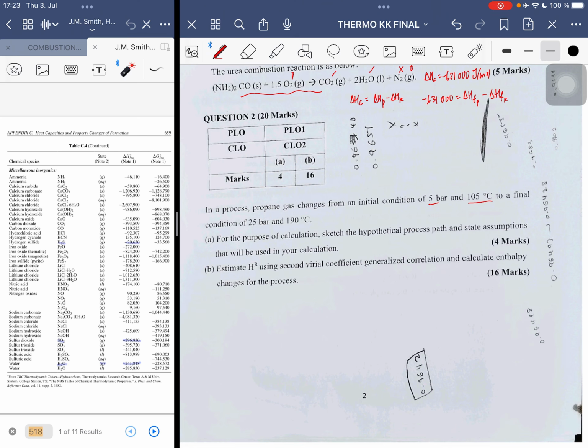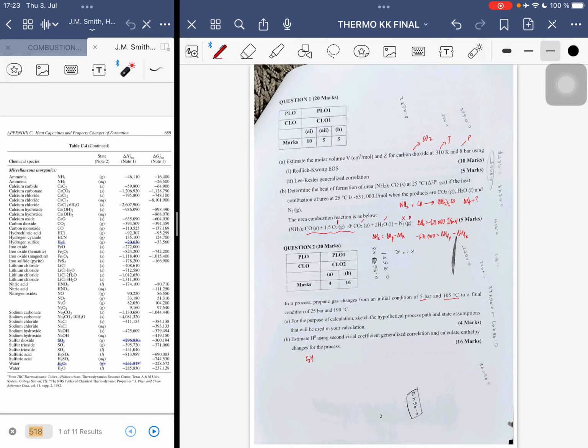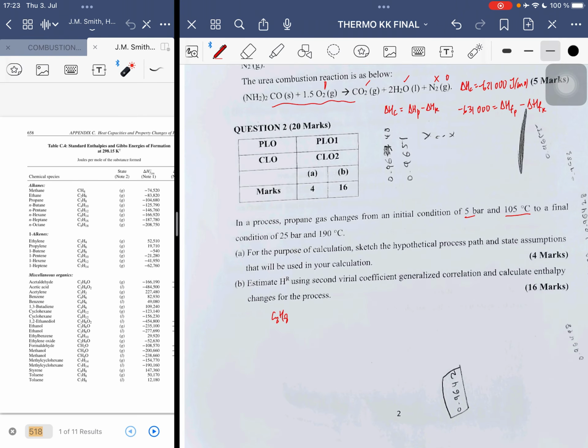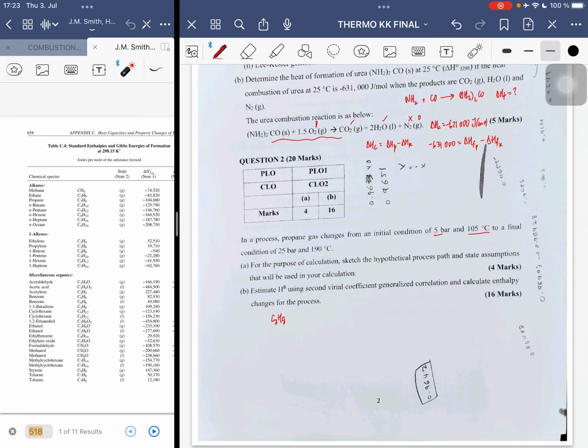So what do you want to do when you find this question? It's the same as finding heat of reaction technically, but there is no reaction, it's just changing of temperature, changing of state. So they say here propane, so C3H8.